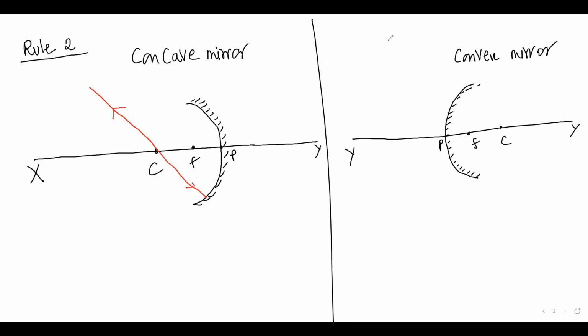Here, a ray passing towards the center of curvature will reflect back in the same direction, same path. This is the second rule. This is the basic difference between concave and convex mirror. Any doubt in this? No, sir.